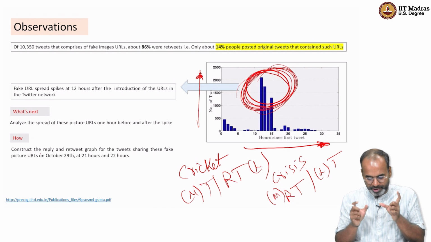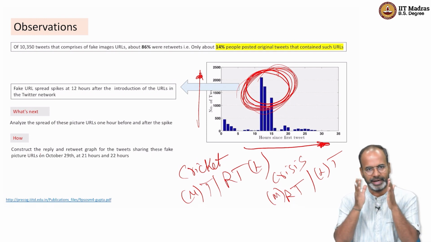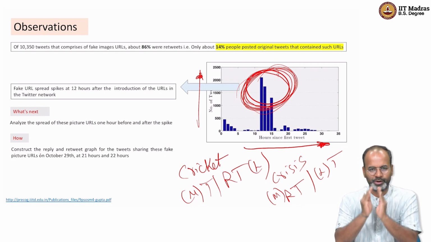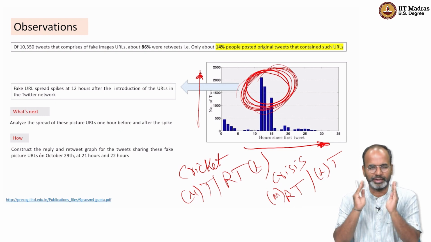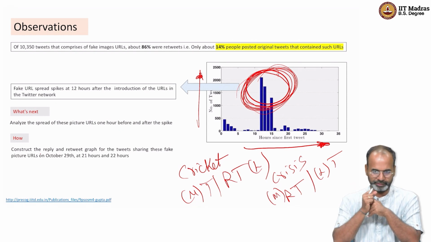This is about one URL being posted. It's a great way of studying URLs because it helps to narrowly ask the question about URLs. It's easy to find out whether the URL is in the post or not. They analyzed the spread of these picture URLs 1 hour before and after the spike.